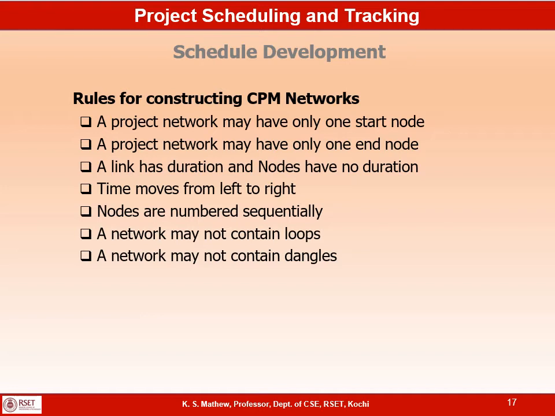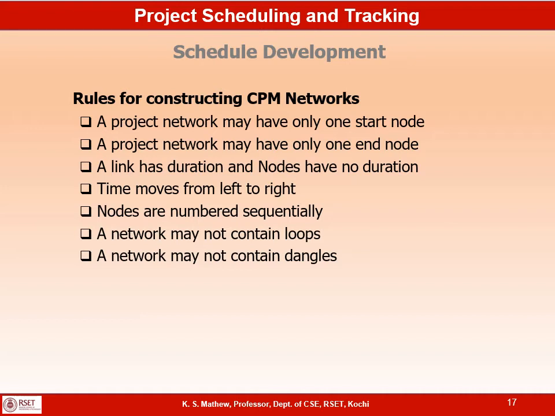Nodes are numbered sequentially. A network may not contain loops. Time always progresses forward positively, right? So time will not go back. So the network will not contain any loops. If you see an arrow going backwards, that's an indication that the network contains a loop.